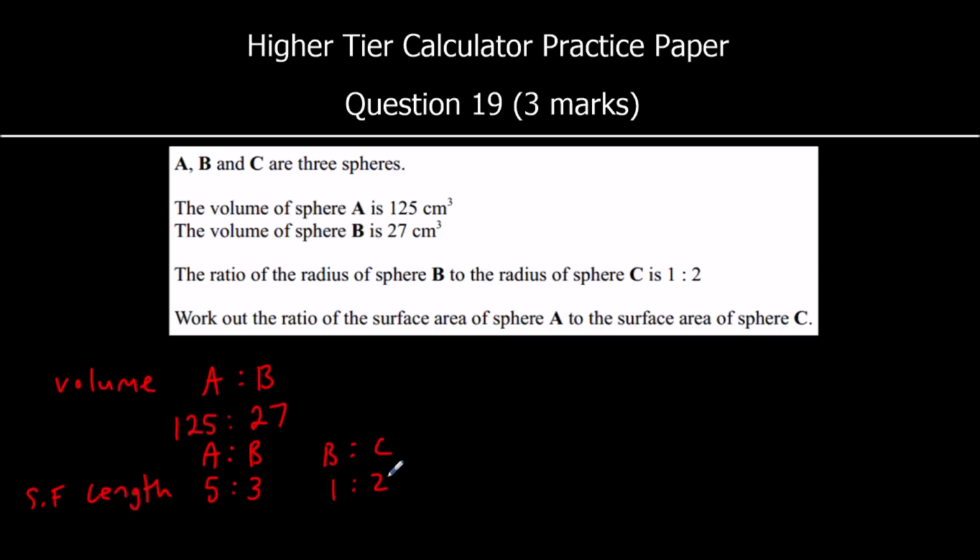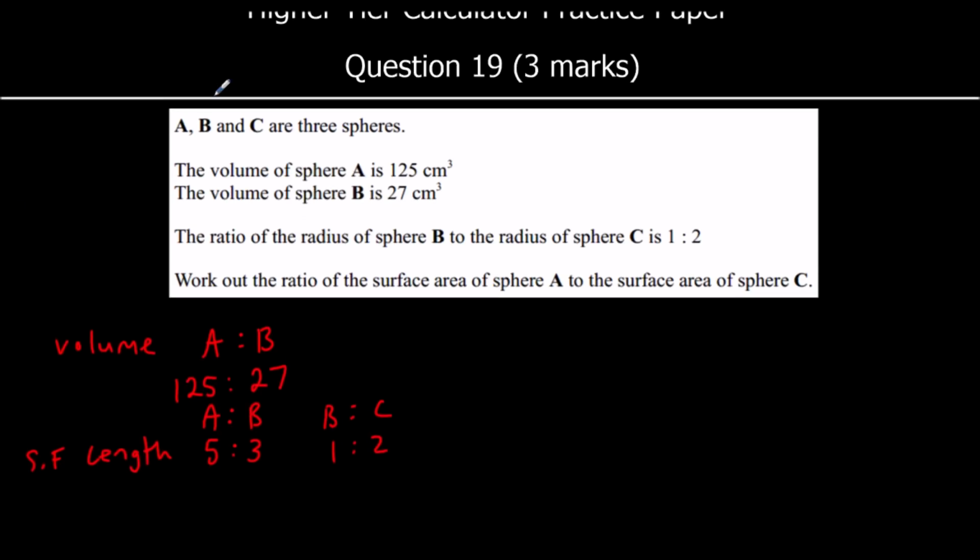So to get them together, we need the B's to be the same. So if we multiply our second ratio by 3, that will become 3 to 6. So now the B's are the same.